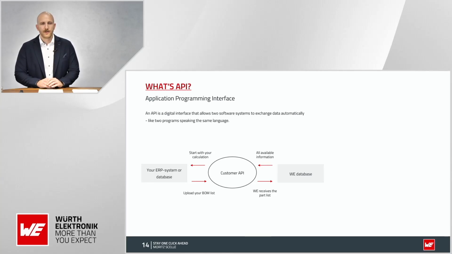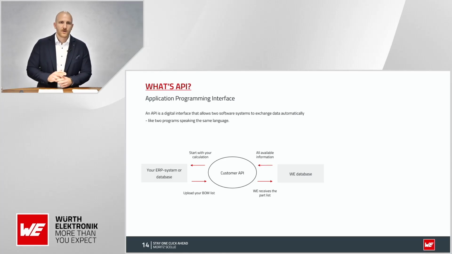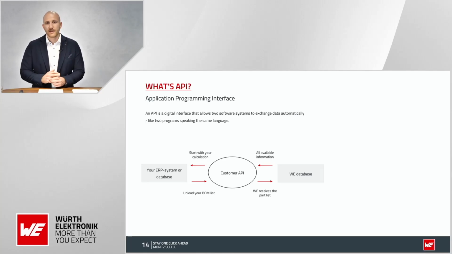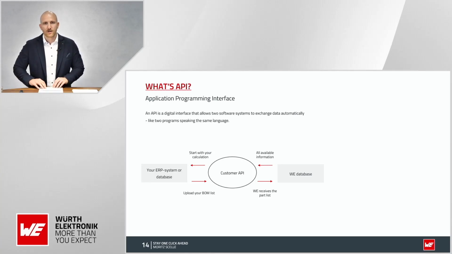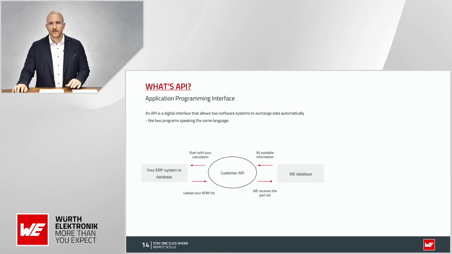Therefore, it's quite easy, I would say, if your company knows APIs. This is a matter of a few working hours until the connection can be done, and afterwards you can upload, for example, your BOM list. This BOM list will be enriched with our data, and we will give you back all kinds of data for the parts included in the BOM list, for sure only for our parts.